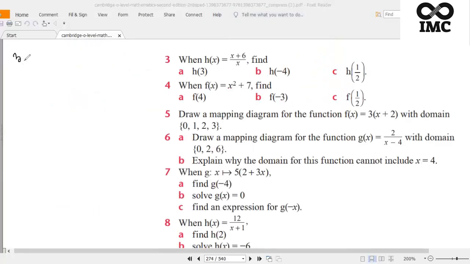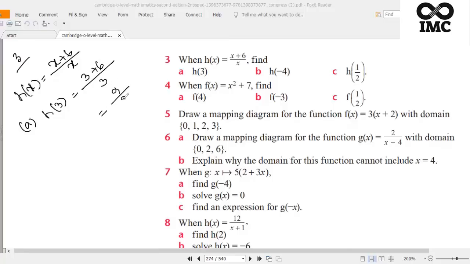Now question number 3. 3 says h of x equal to x plus 6 by x. Now the question says find h of 3. So here we can write this one as instead of x we will put 3. So 3 plus 6 by 3. 3 plus 6 is 9. 9 by 3 will be 3.